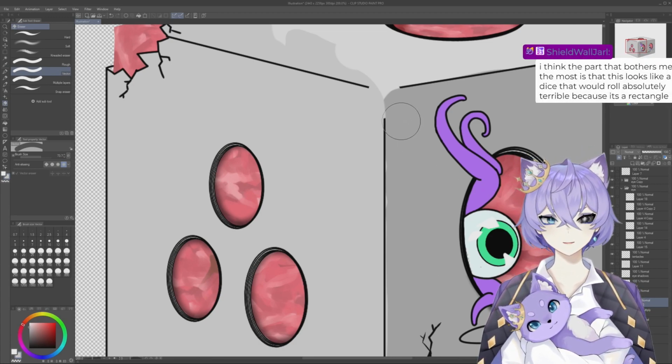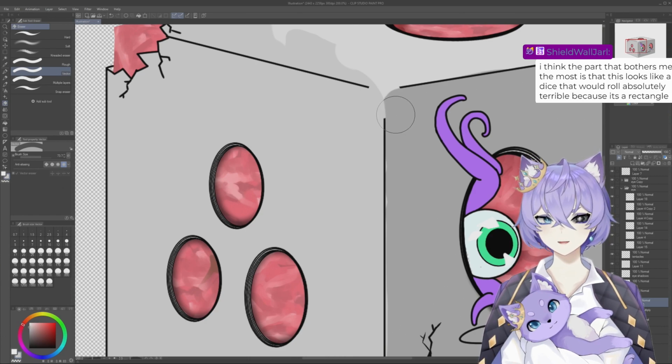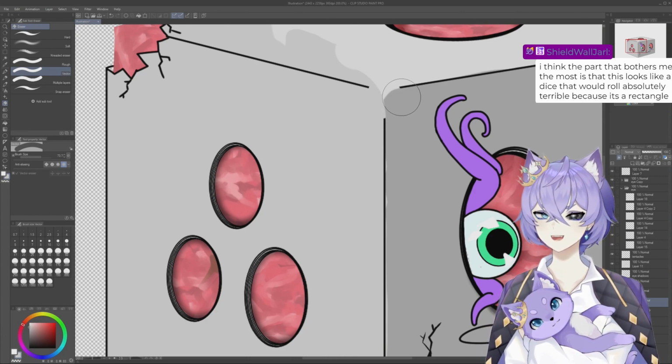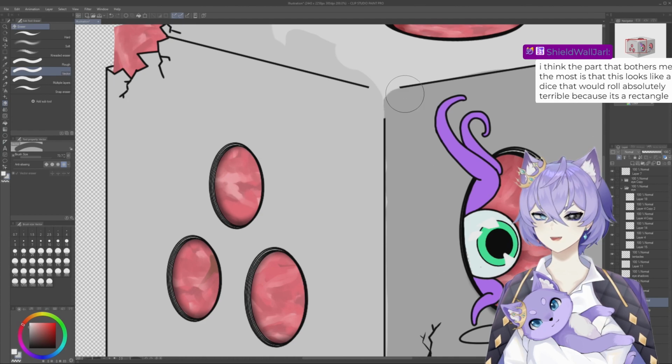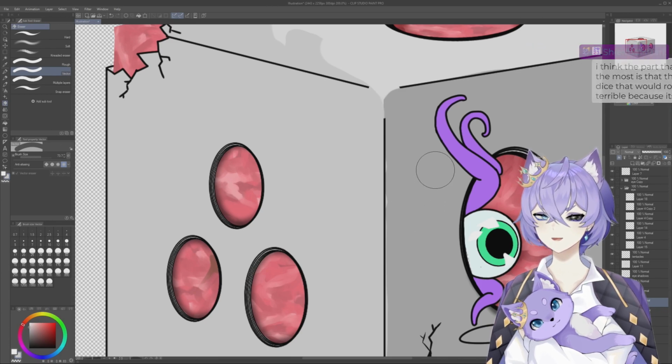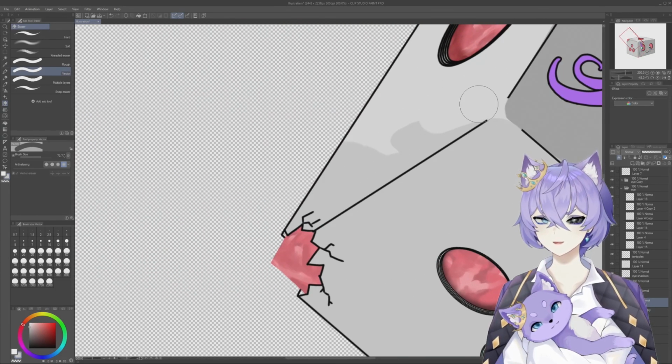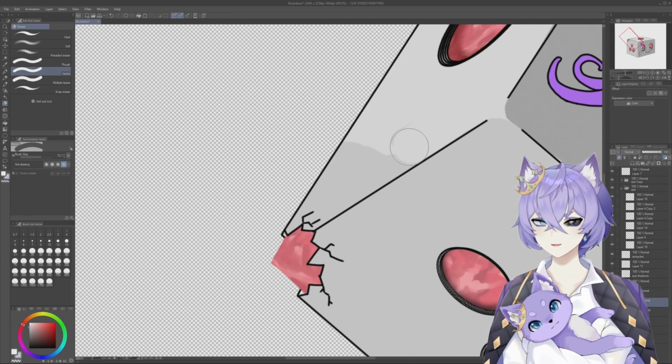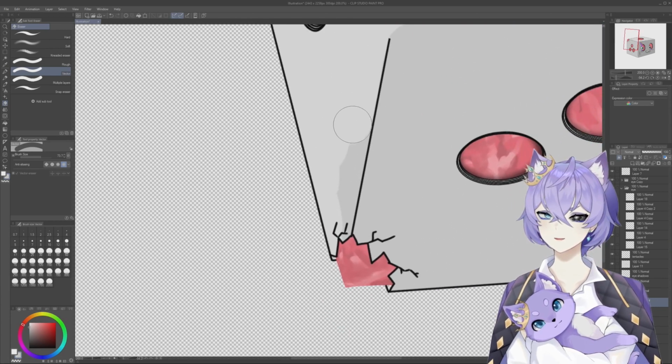The thing that bothers me the most is this looks like a dice that would roll absolutely terribly because it's a rectangle. Yeah, I'm not gonna lie, I noticed that too, but I was also like, I'm this committed, I'm not gonna go back and change it. I saw that too. I would never roll this dice because it 1000% would always land on like two of its sides.